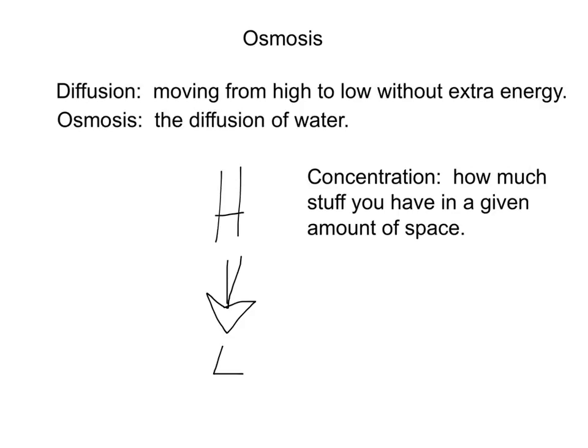And then on top of that, this is happening only with the energy that already exists in the system. No extra energy is necessary. Now, when we're talking about osmosis, it only occurs when something can't pass through a semi-permeable membrane.